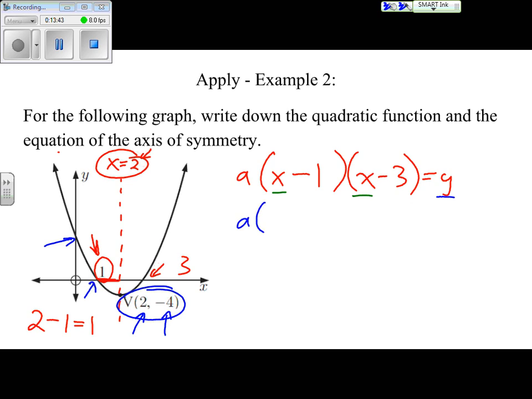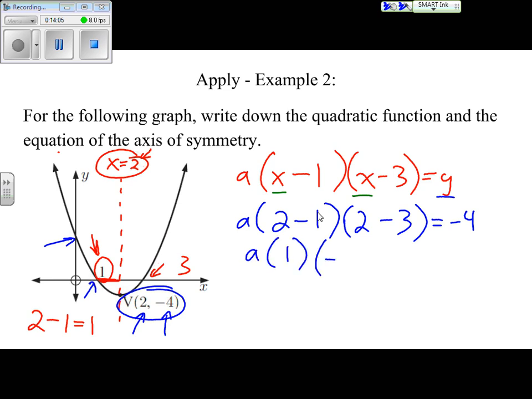Bring down your a. My x is 2, so 2 minus 1, 2 again, 2 minus 3, and then finally equals my y, which in this case is negative 4. I'll just write that 2 a little bit neater. So I'm going to simplify this. I'll still have my a. 2 minus 1 gives me 1. 2 minus 3 gives me negative 1.